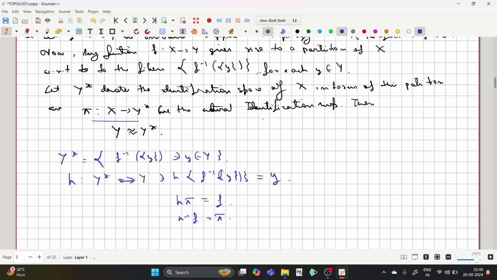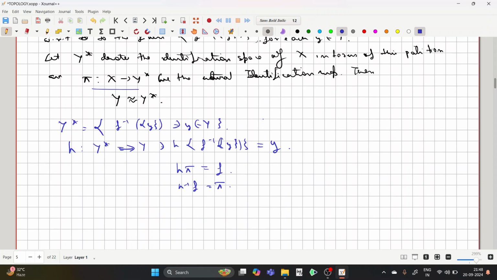If pi is the identification map, then it's naturally continuous. So we know this very easy demonstration: if you have a function f from X to Y and a function g from Y to Z, such that g and f are both continuous, then gf, that is g of f from X to Z, is continuous.